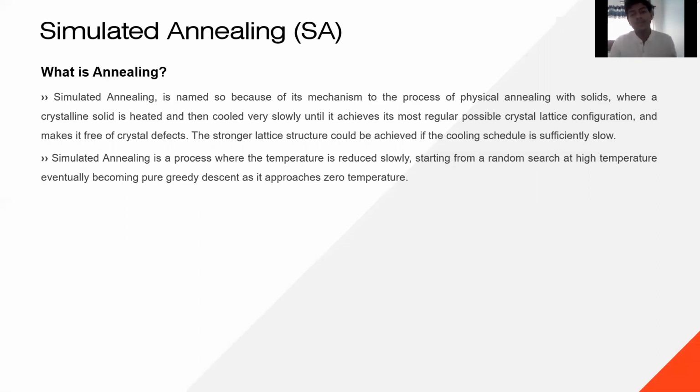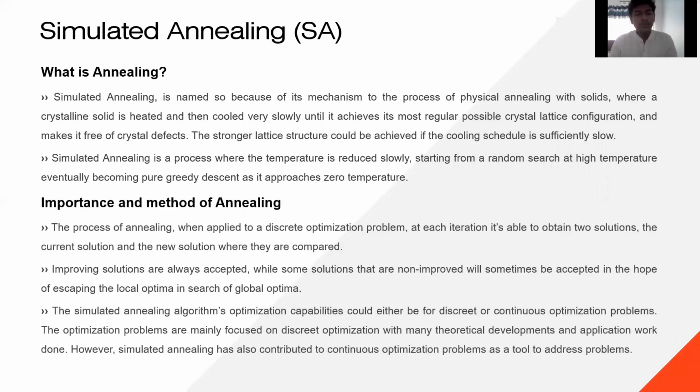When that logic is applied to routing, simulated annealing is a process where the temperature is reduced slowly, starting from a random surge at high temperature, eventually becoming greedy descent as it approaches zero temperature.